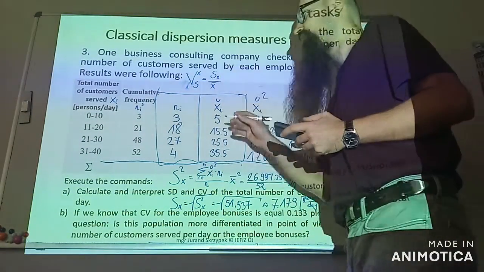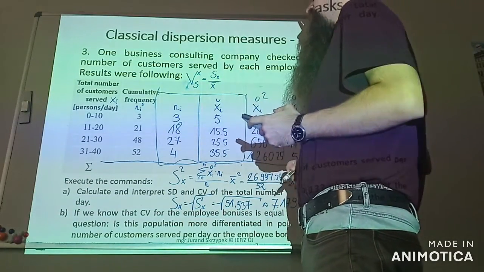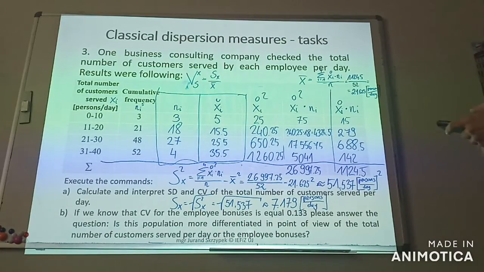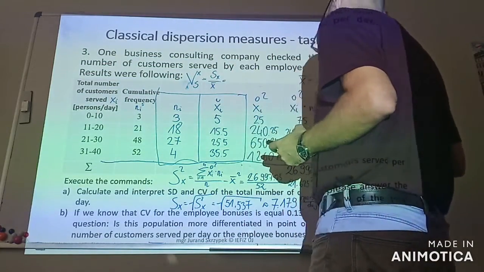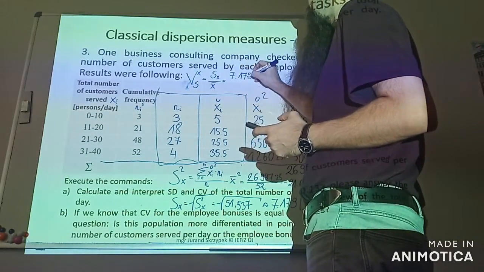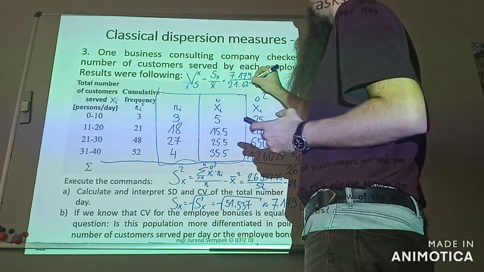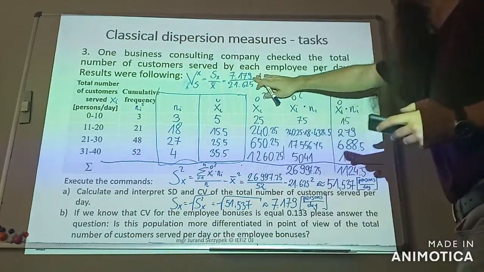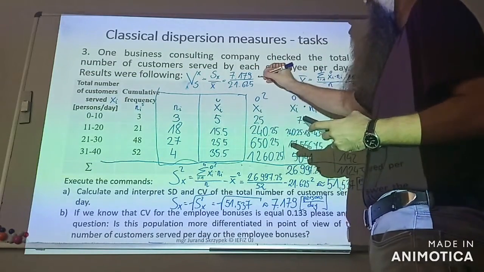Standard deviation of total number of customers served divided by the average number of customers served. In our example, we have 7.179 divided by 21.625.